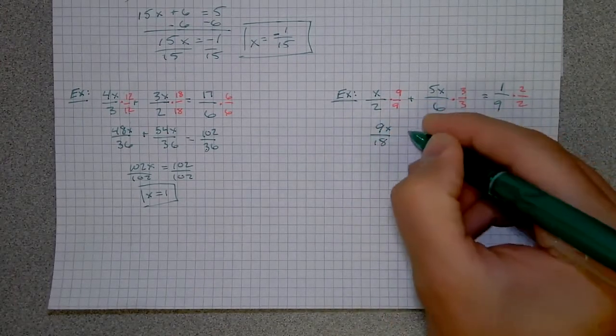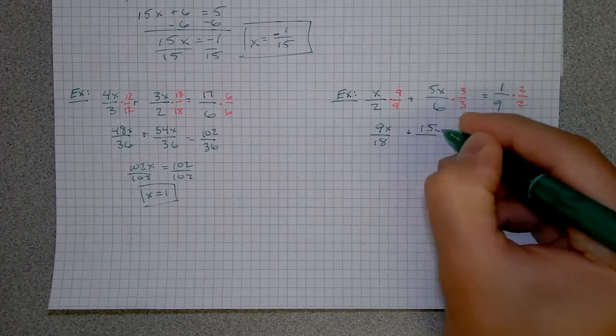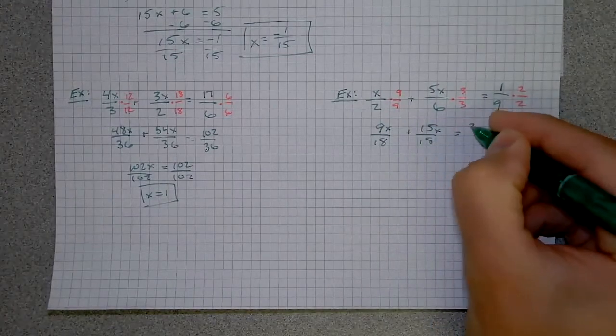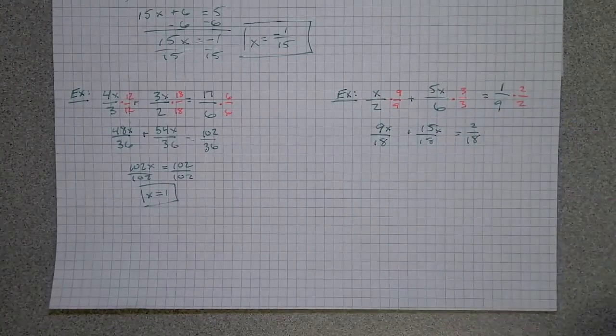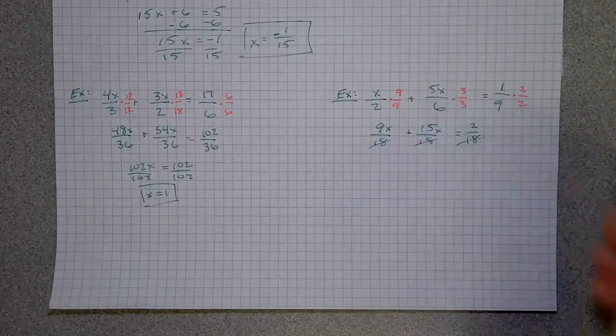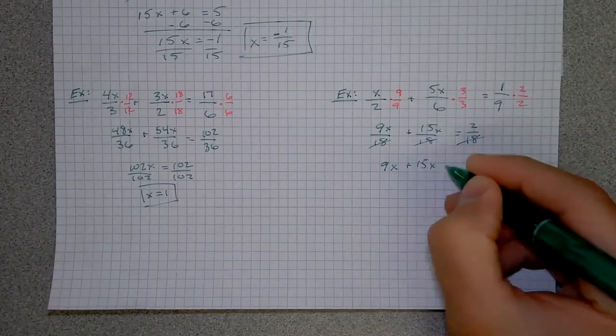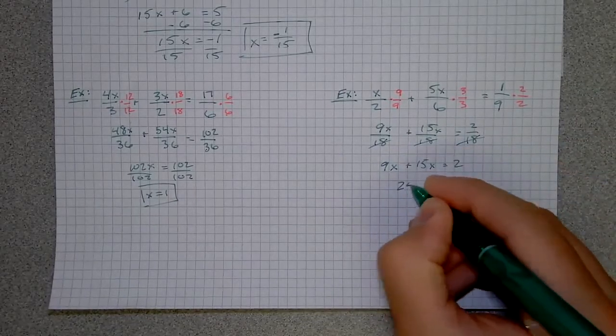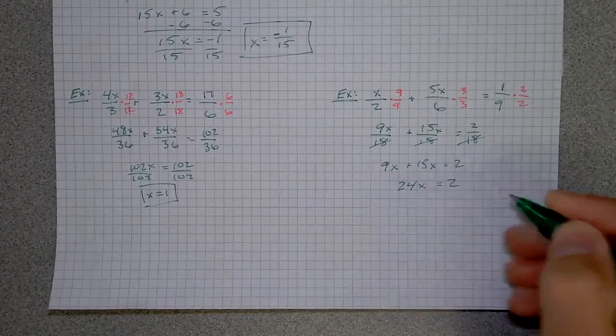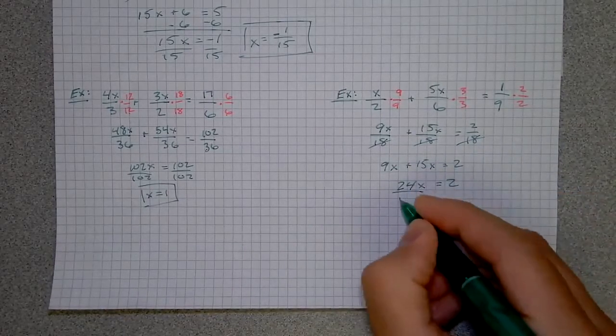So I get 9x over 18, I get 15x over 18, and I get 2 over 18. Cancel out my denominators. 9x plus 15x equals 2. 24x equals 2.